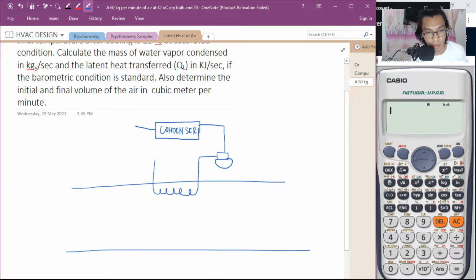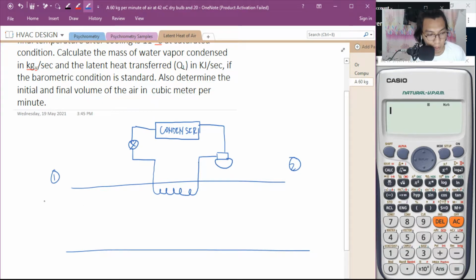Tapos ano susunod sa condenser? Yun nga, expansion valve, throttling process. Okay, yung cooling coil mo, simply is the evaporator. Ngayon, meron kang nag-pass dito at point 1 at meron kang point 2, initial state and then final state.